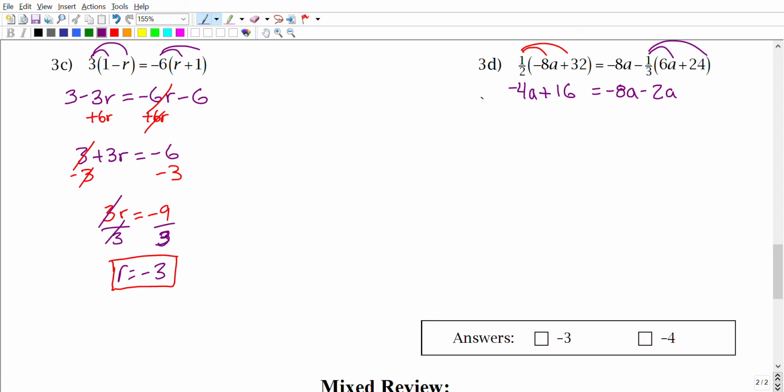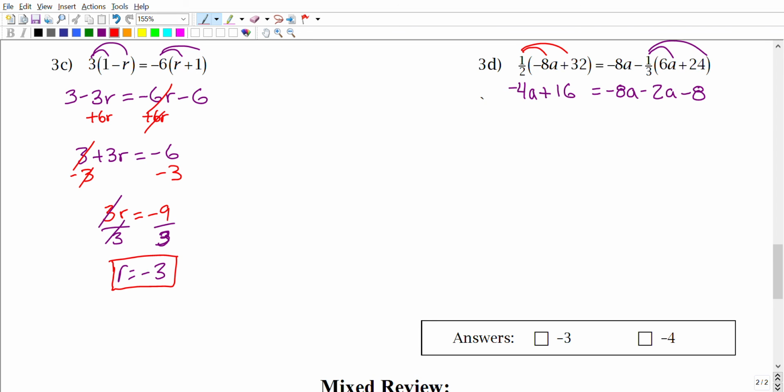Same thing as negative 2a. Then negative 1/3 times 24 is a negative 8. Okay, all right, so let's see if we can do anything more with this.